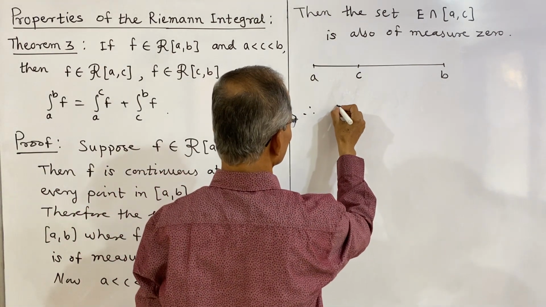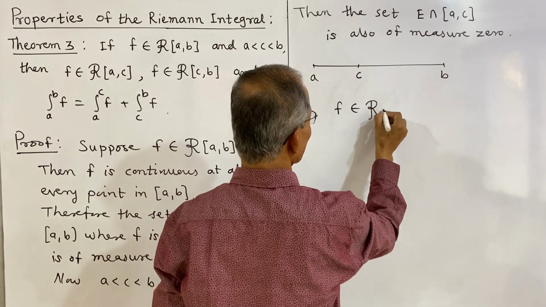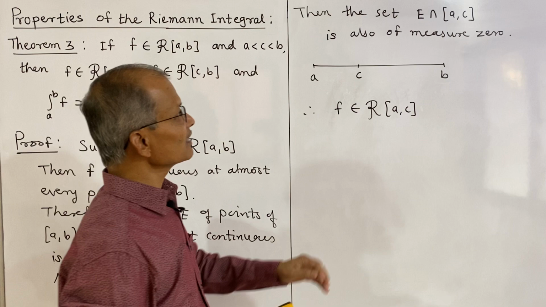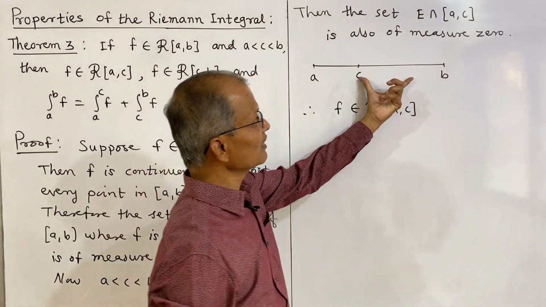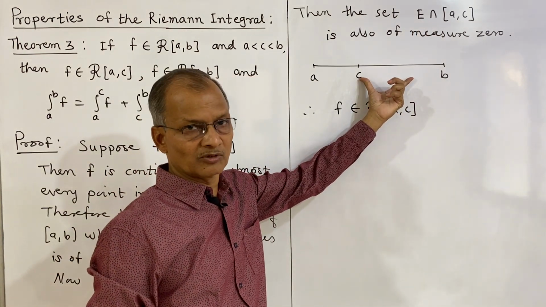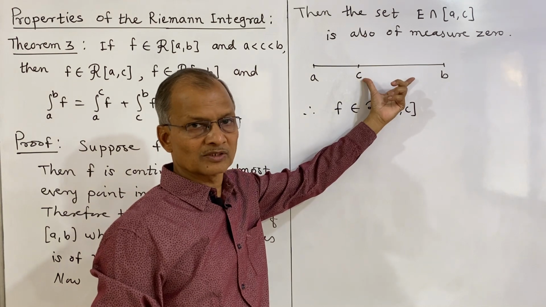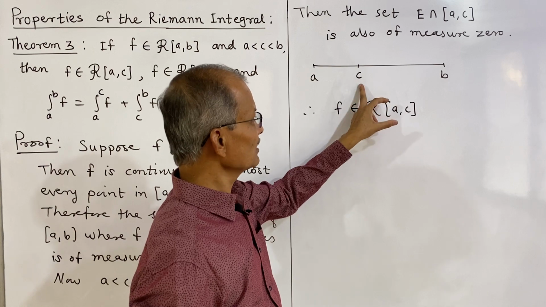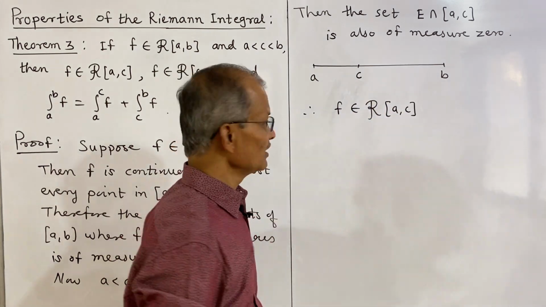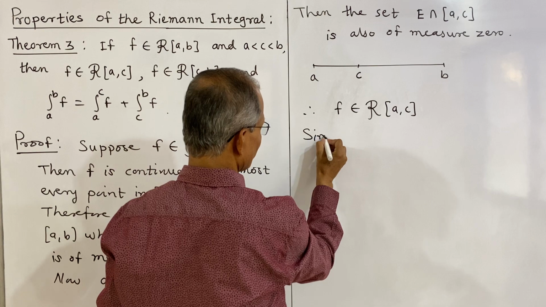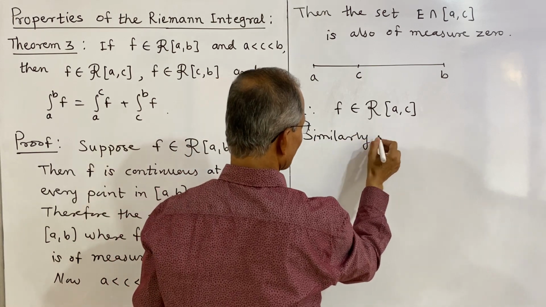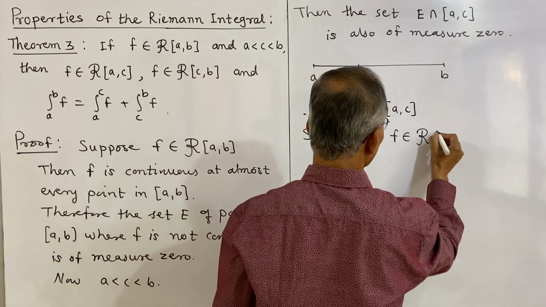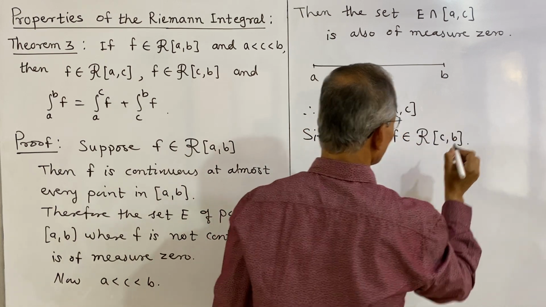Therefore f is Riemann integrable over the closed interval a to c. And in exactly a similar way we can consider E intersection the closed interval c to b. Then that set is also of measure 0, and therefore the function is Riemann integrable over the closed bounded interval c to b.